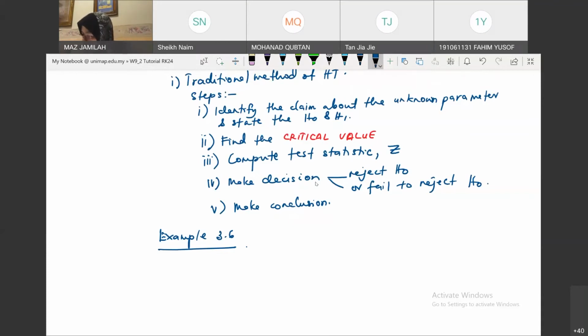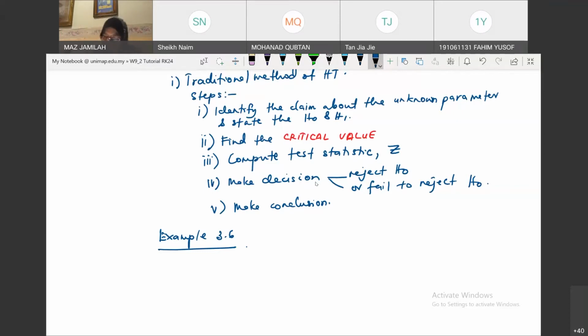From this sample, mean expenses per year on the internet is 1,300 Malaysian ringgit, and the sample standard deviation is 1,100 Malaysian ringgit. Is there sufficient evidence to reject the claim that the mean of yearly expenses is 1,500?